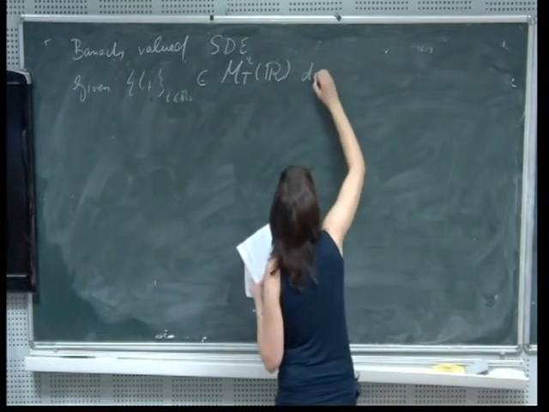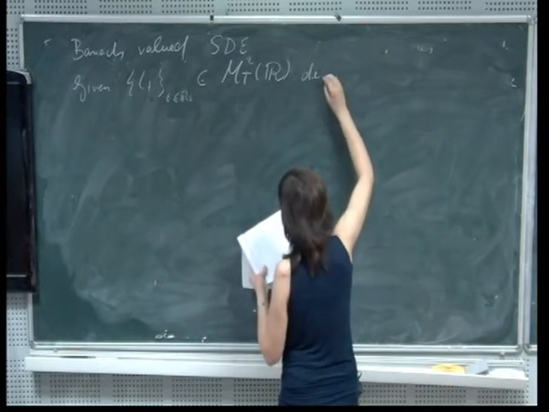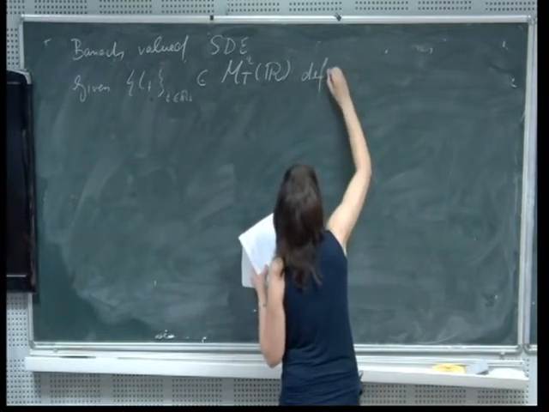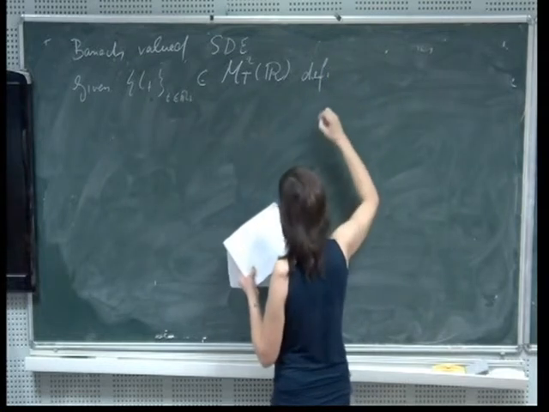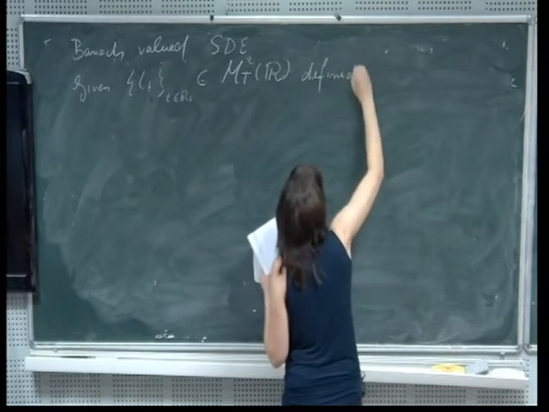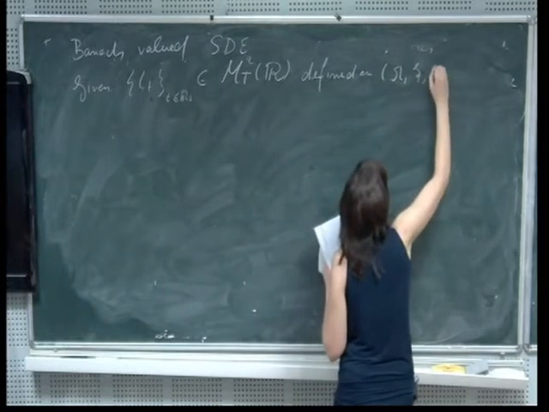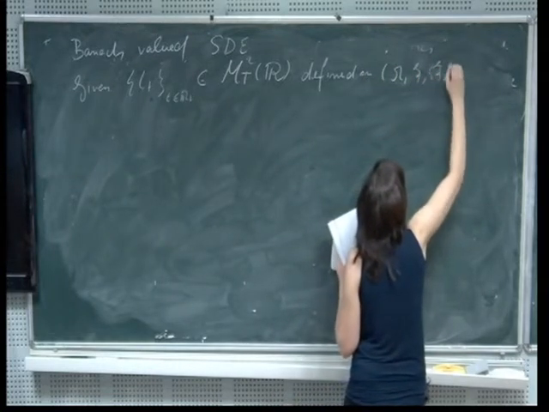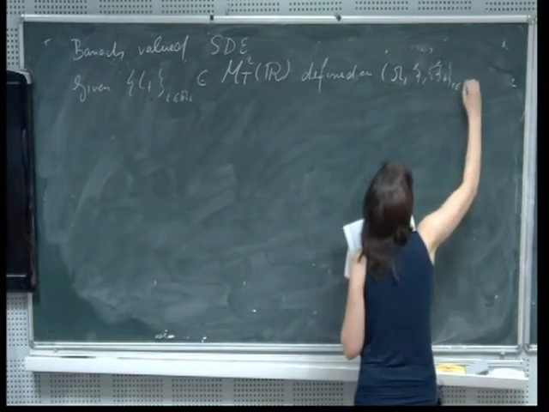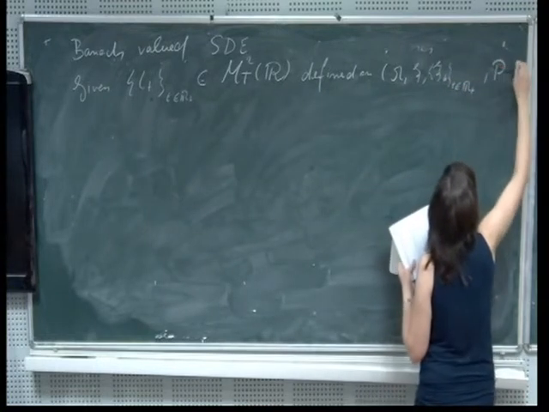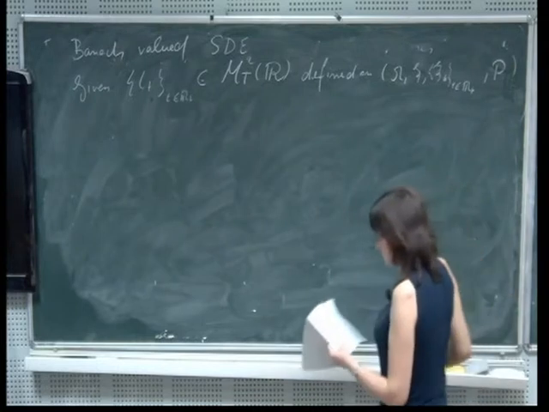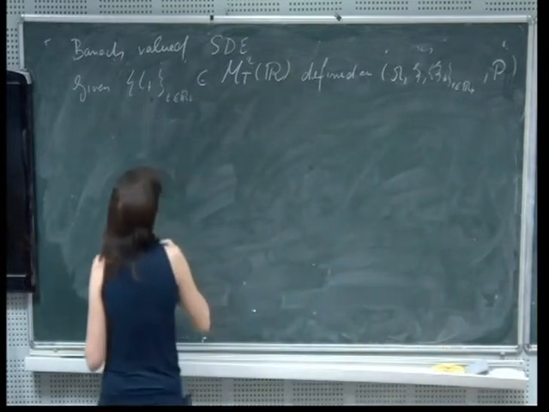What is not real valued are the coefficients in the stochastic differential equation or the integrands when I integrate with respect to the noise. Defined on some filtered space (Omega, F, F_t), t. Filtered space, okay.